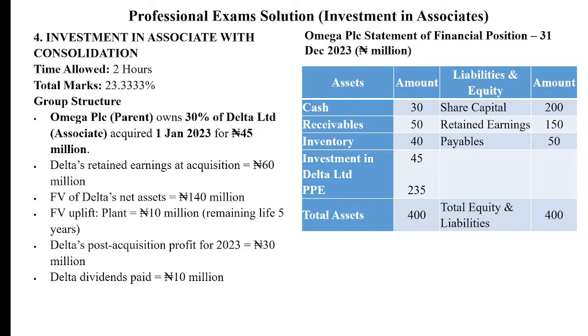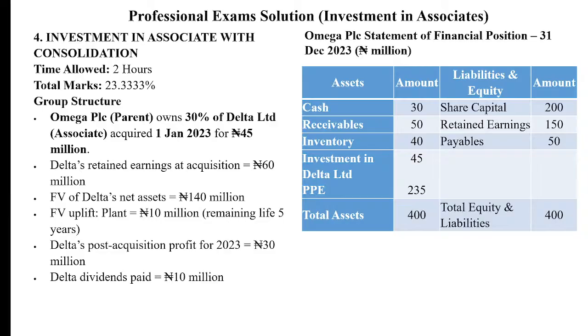If I click on it, you see that there are two different windows that I brought in together. Because I'm always bringing the asset side first, that's why you see the asset in the normal T account. For us in Nigeria here, the asset is on the right side, while the liability is on the left side.